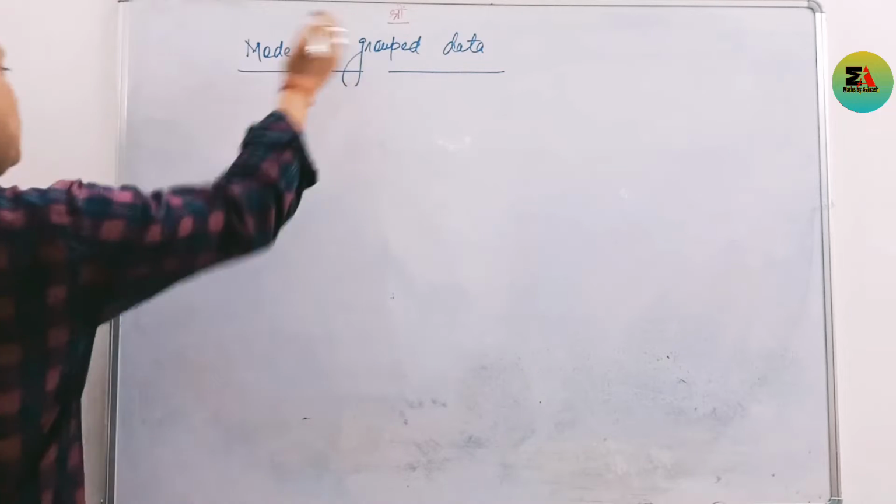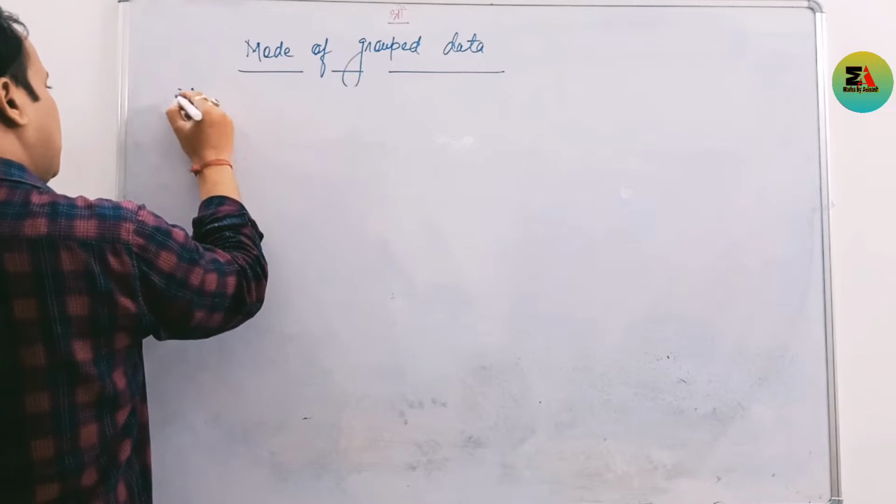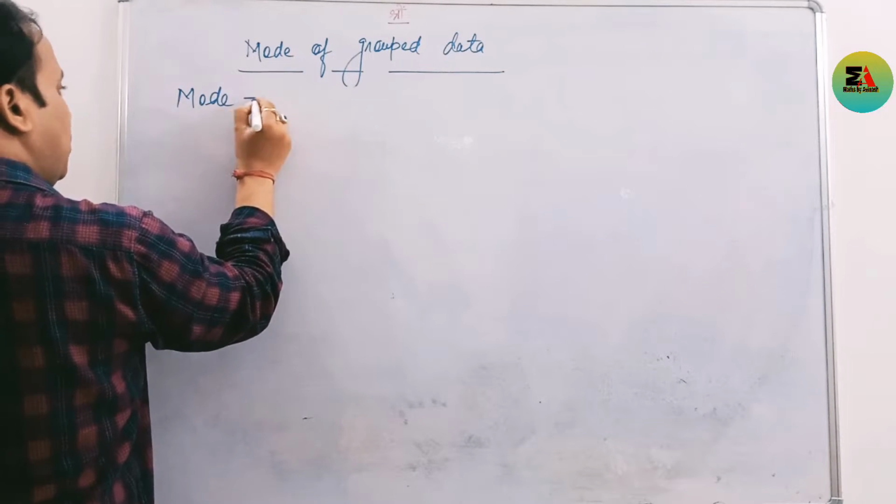Now see how we find the mode of grouped data.